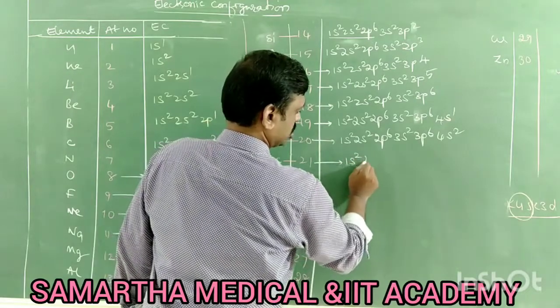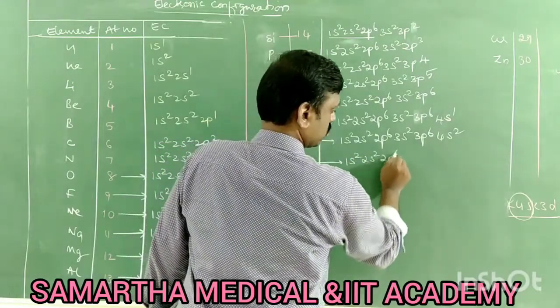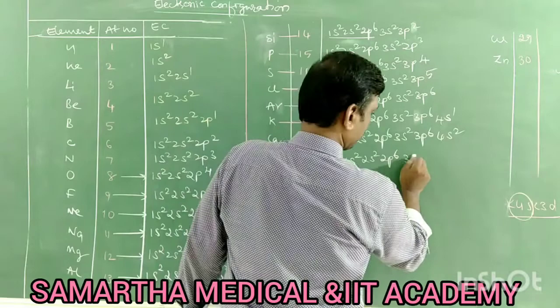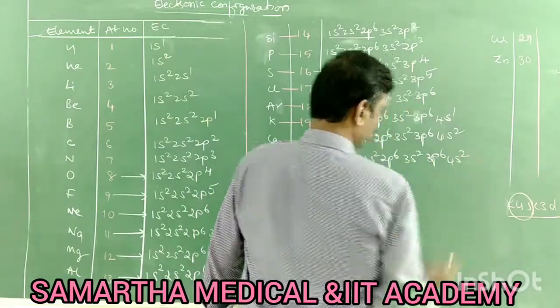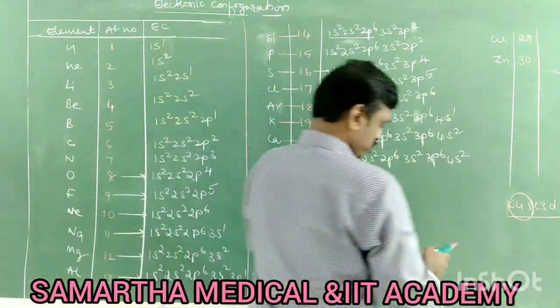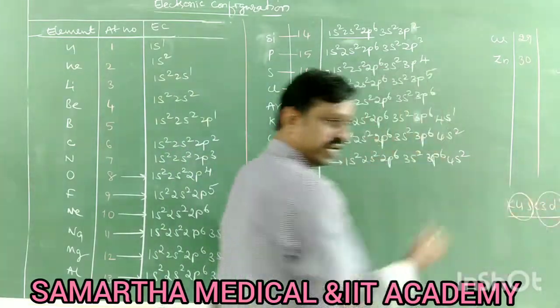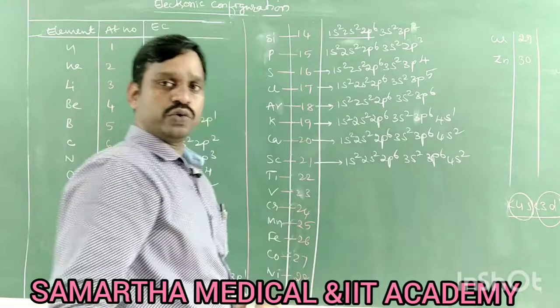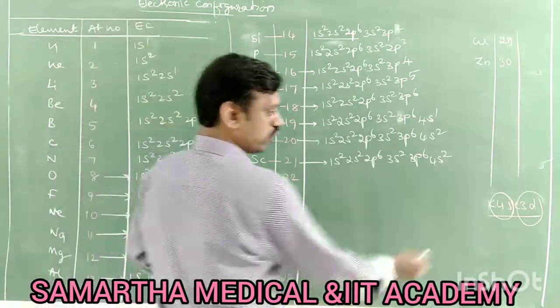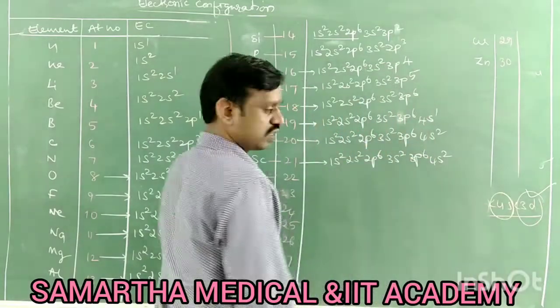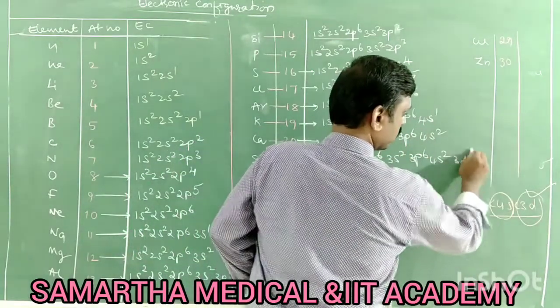Then after 4s2, the electron enters into 3d. That order you need to remember. So therefore 3d1.